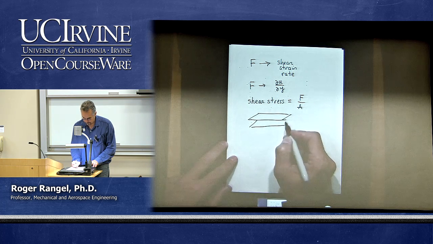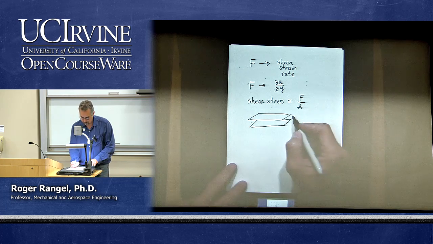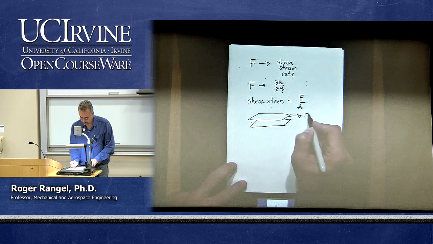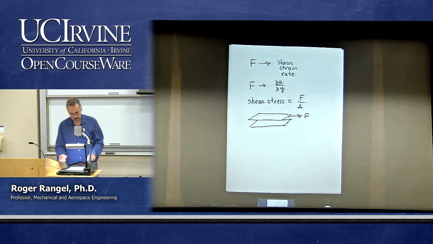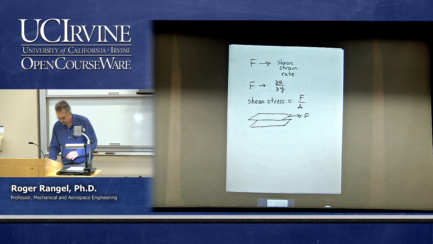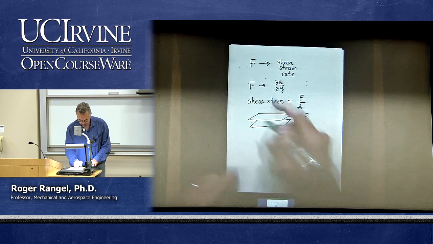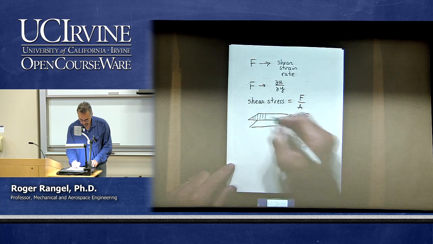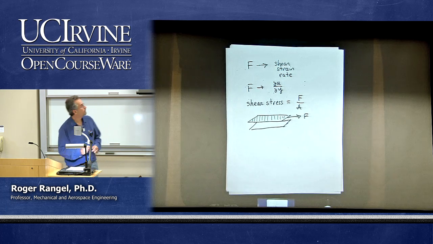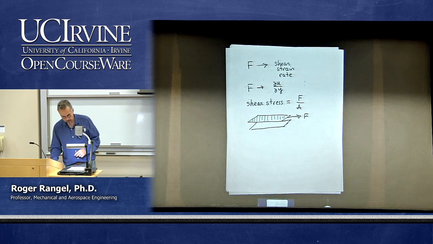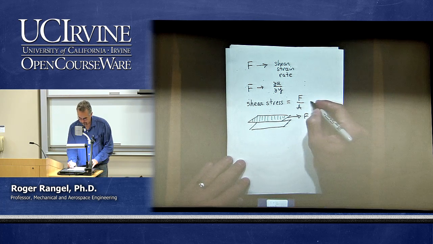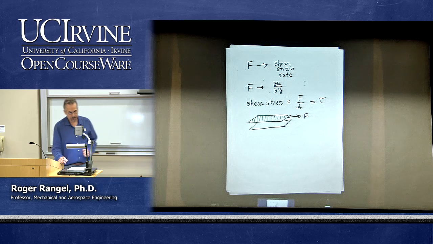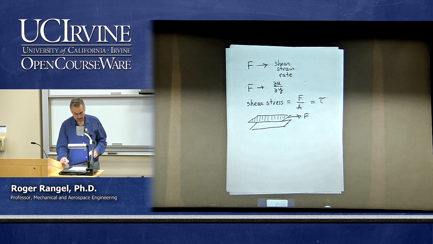I have another plate at the bottom that looks like that. And I am moving the top plate with a certain force. And when we talk about the shear stress, we would be talking about the force per unit area of that plate. And we denote that as tau. So the shear stress, or the force per unit area, is tau.